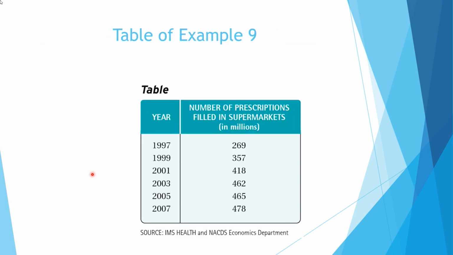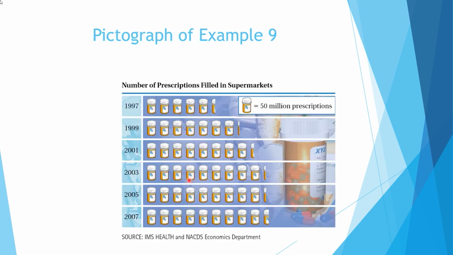So there's different ways that you can do this. One is set up a table. Setting up a table is going to be helpful also when you're setting up other graphs. So in the table, you have the year, and then you have the different numbers.